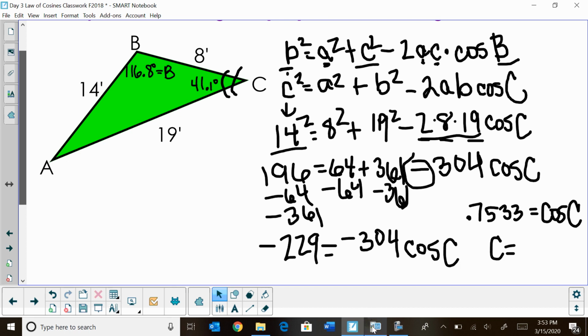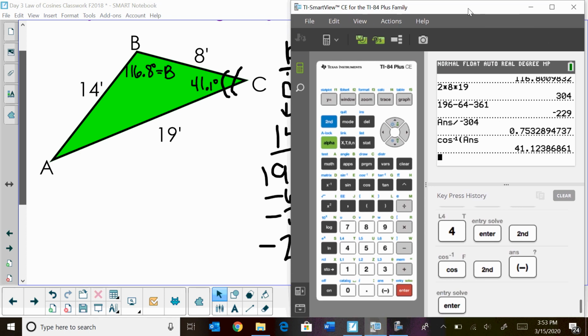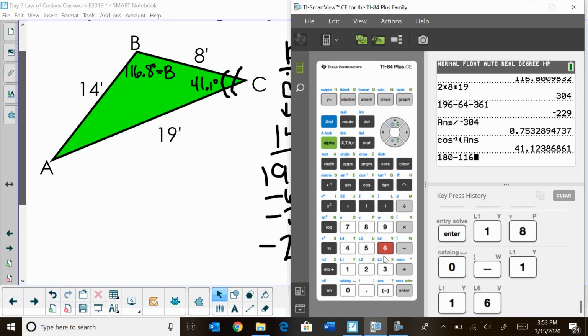Well, once you have two angles in a triangle, it's pretty easy. We know the sum of the angles of a triangle is 180. So let's take 180 and subtract 116.8. And then we're going to subtract another 41.1. And guess what?